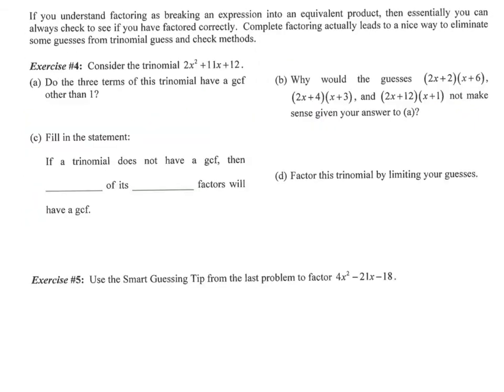If you understand factoring as breaking an expression into equivalent products, then essentially you can always check to see if you have factored correctly. So do the 3 terms of this trinomial have a greatest common factor other than 1? No. Why would the guesses 2x plus 2 and x plus 6, and 2x plus 4 and x plus 3, and 2x plus 12 and x plus 1 not make sense given your answer to A?